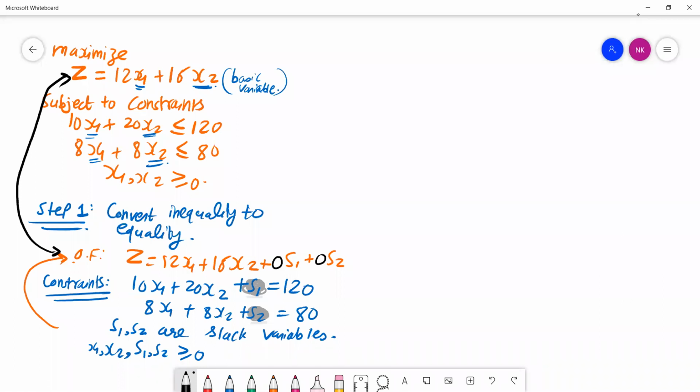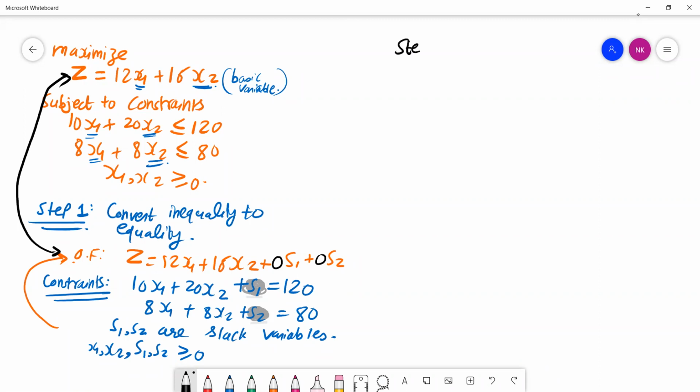Now both are the same. So this is the first step: convert inequality to equality by adding the slack or surplus variables and change the objective function. All the slack or surplus variables will be multiplied with 0 in the objective function.